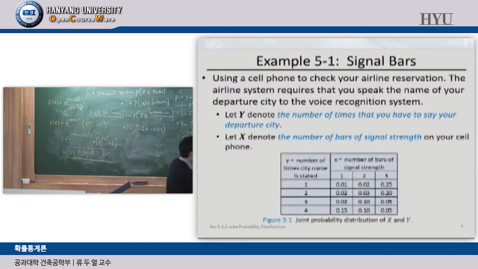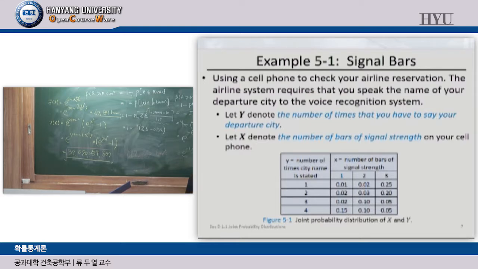And in that case, we can have this kind of table. This is the joint probability distribution of x and y. This column indicates y, that is the number of times the city name is stated, from 1 to 4, okay? And at the same time, we have the random variable x here, that is the number of bars of signal strength, from 1 to 3, okay?